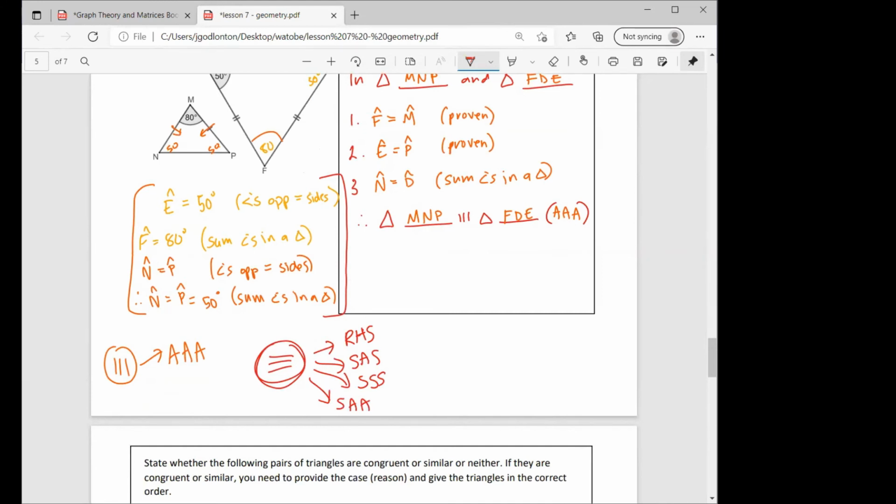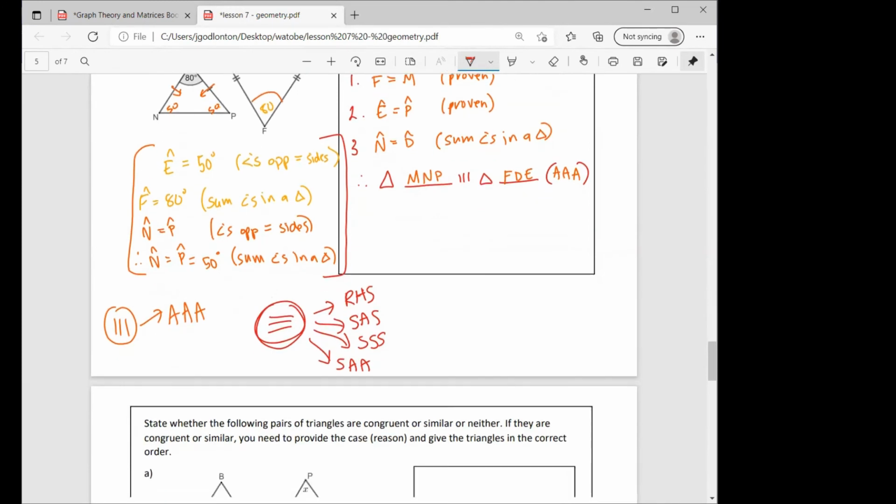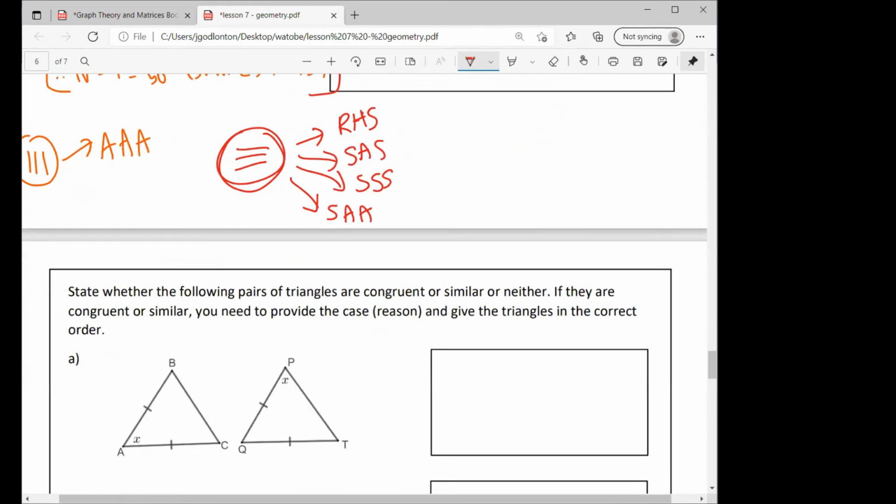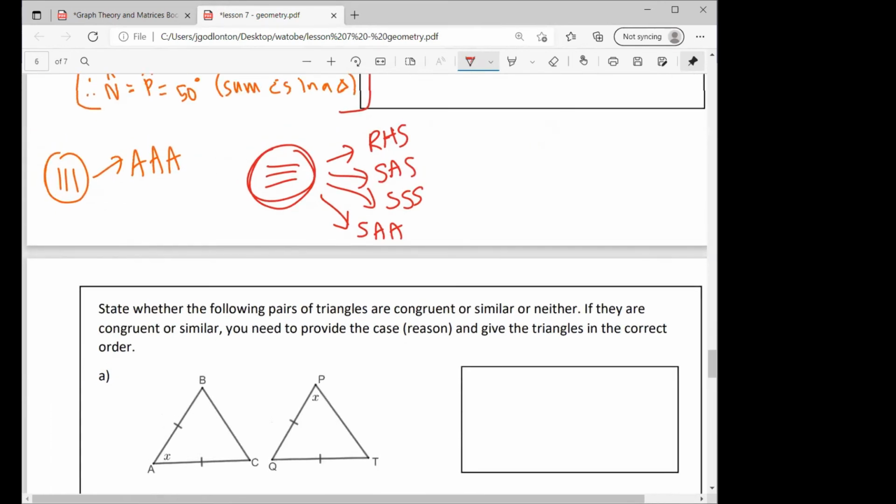When you're looking at these questions, we're just looking at A for the moment. You're going to tell me if these two triangles are congruent or similar, and then give me the reason. Either similar and write AAA, or you'll say congruent and give me one of these 4 reasons.